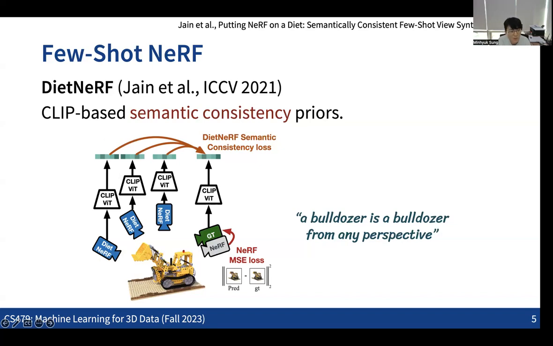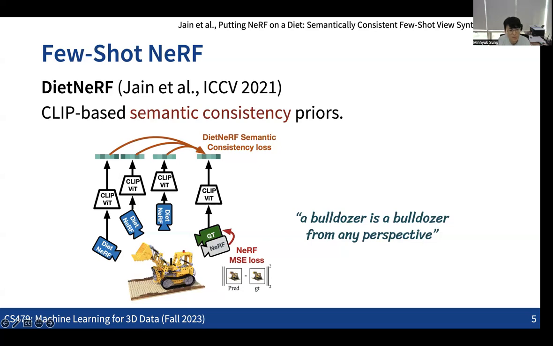So while we reconstruct the 3D shape with a few images, we can check this semantic consistency by rendering the 3D outputs from arbitrary views, mapping them into the CLIP embedding space, and checking whether they are mapped to the same point or not.